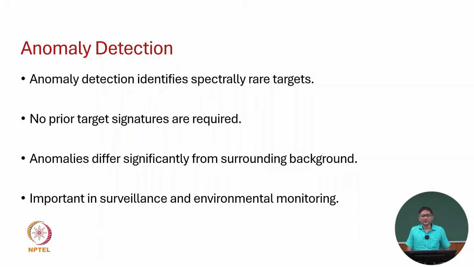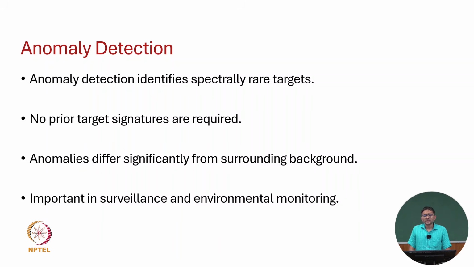Those tasks, of course, are also still relevant in the case of hyperspectral images. But these are some other tasks which we often encounter in the context of hyperspectral images. It's not that anomaly detection cannot be a problem statement in the context of multispectral images. However, it's more relevant when we talk about hyperspectral images.